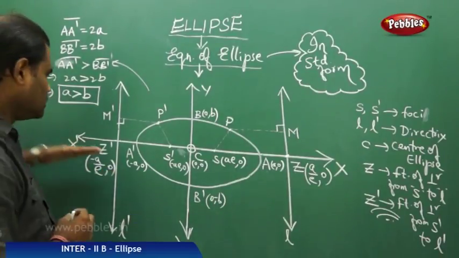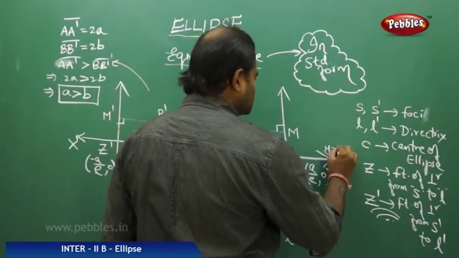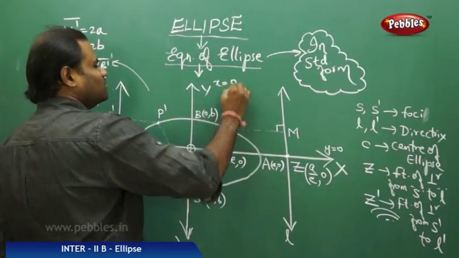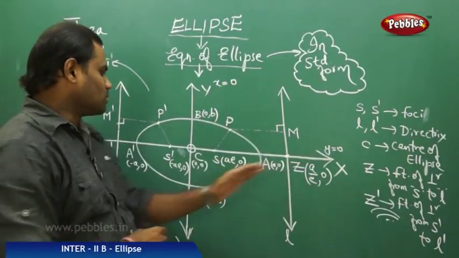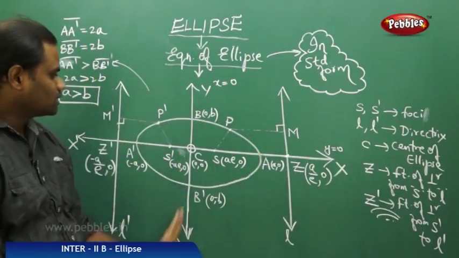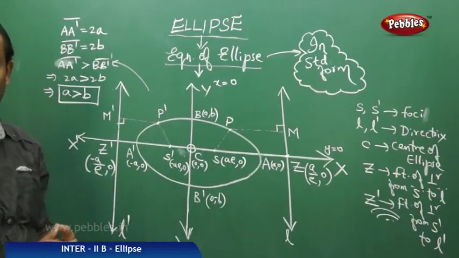And we know that equation of this axis is y equal to 0, and the equation of this axis is x equal to 0. Now this is called major axis because it has the major segment of the ellipse, and this is called the minor axis because this has the minor segment of the ellipse.